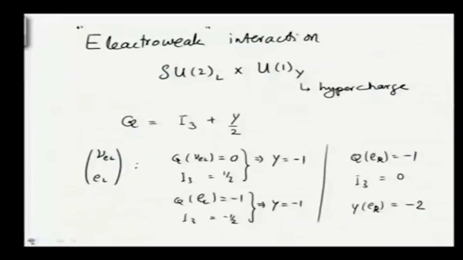The same story goes through for other particles as well, like the other leptons, muons and the tau lepton and the corresponding neutrinos. The story is exactly the same, a replication of this.